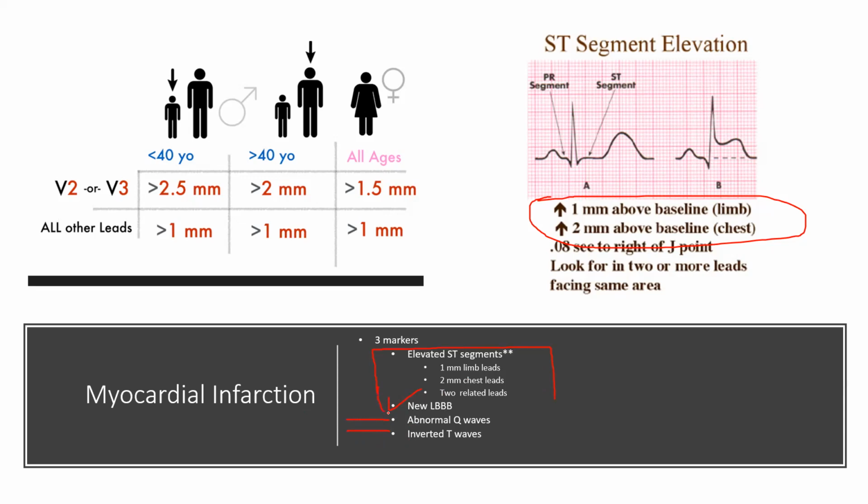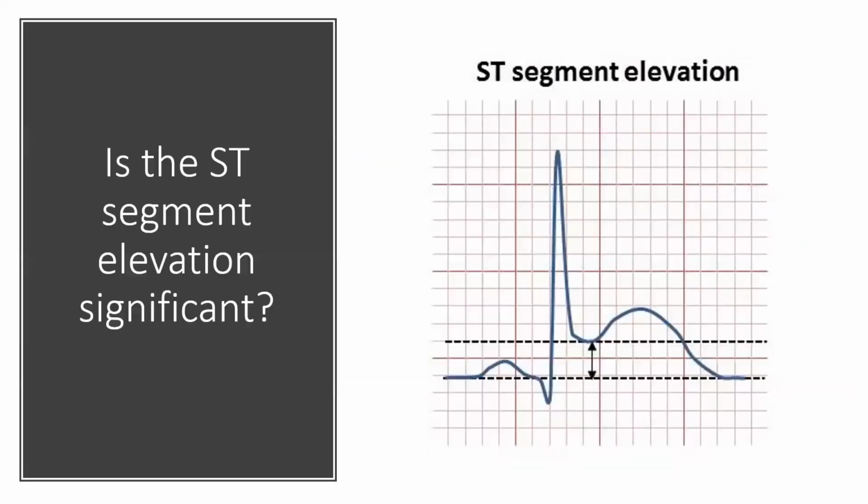But remember now that we're interested in diagnosing acute myocardial infarction, and therefore we're going to focus on these particular criteria for the diagnosis of myocardial infarction. Let's move forward.